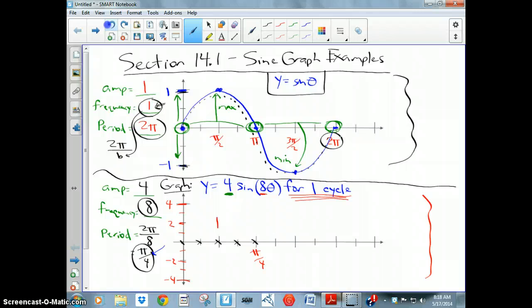This line right there is halfway between 0 and pi over 4. So halfway, all I have to do is multiply the bottom number by 2. Therefore, this halfway point should be pi over 8. And then this halfway point is between 0 and pi over 8. I multiply the 8 by 2, and this is going to be pi over 16.